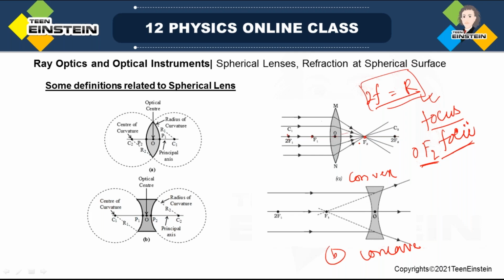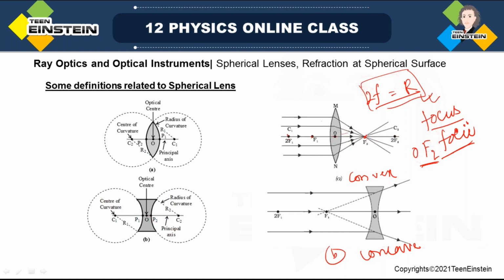Now we have almost learned all the parameters, and there are a few conventions or properties of lenses. You might have already learned that rays parallel to the principal axis will be converged by a converging lens at the focus.